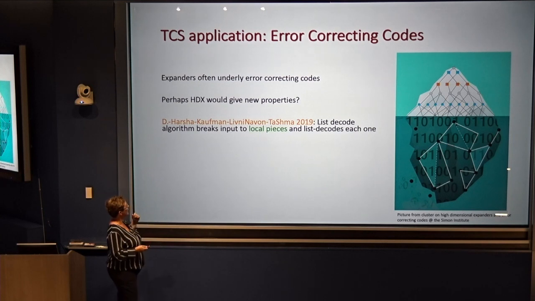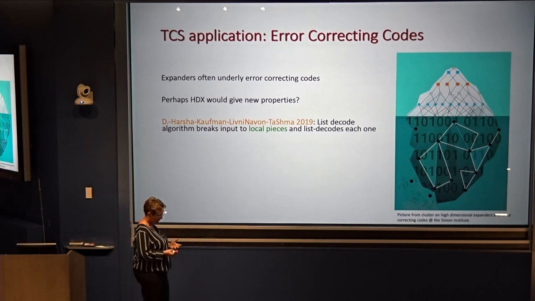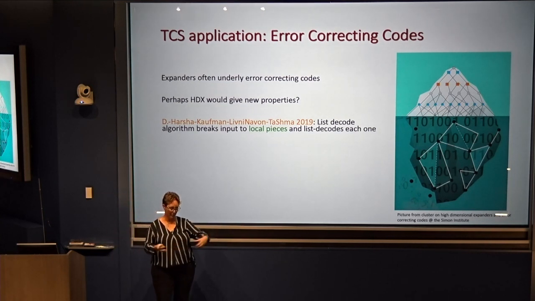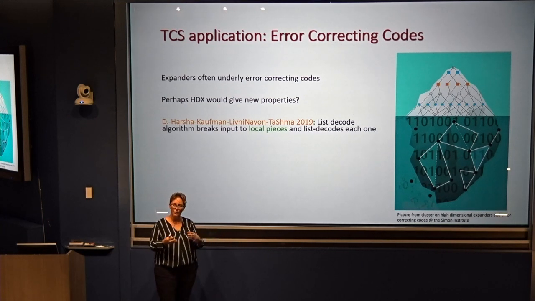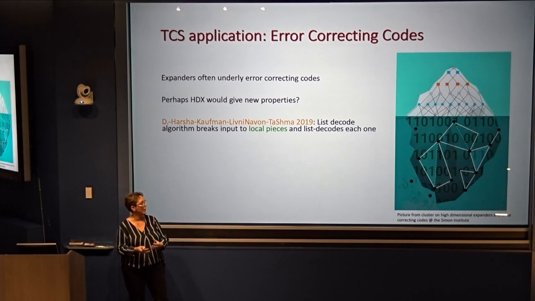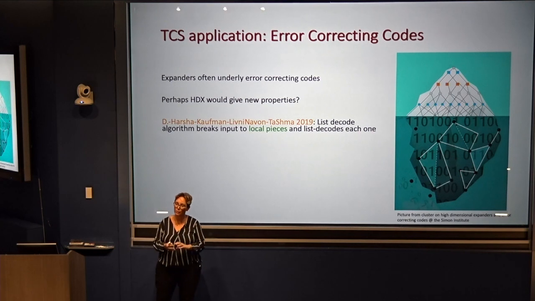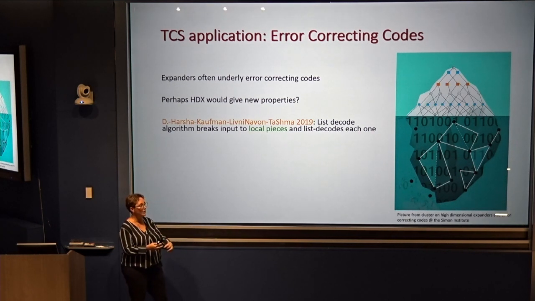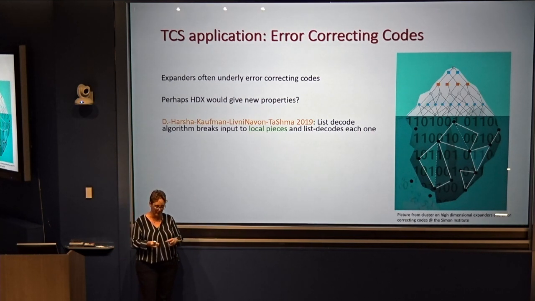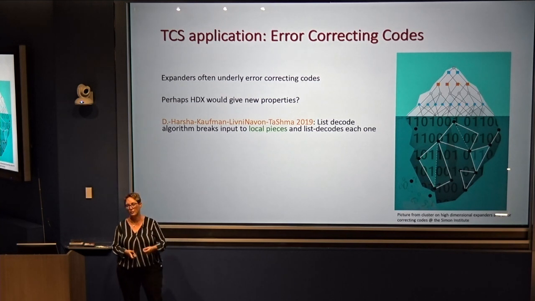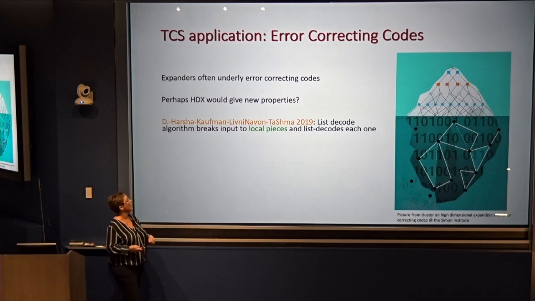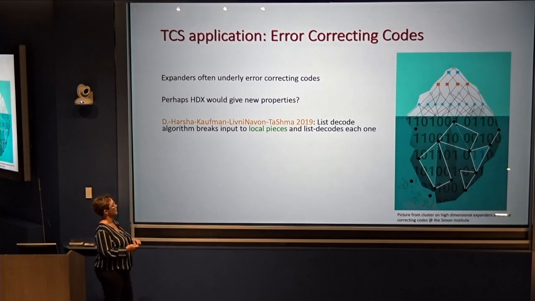The idea there was, since list decoding is more difficult, you break the received word into parts according to the links of your high-dimensional expander, or according to the local pieces, whatever they may be. And then you list decode each piece separately. Because the pieces are so small, maybe you can do it exhaustively, because it's just 20 bits, you go over all possibilities, and then you stitch everything back together. So that was this work.